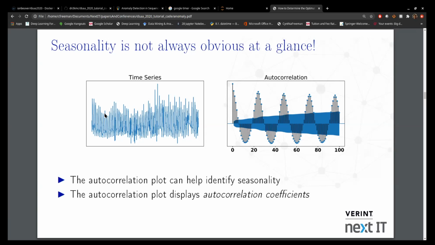That's possibly true, but it's actually highly recommended that we look at something called an autocorrelation plot. This plot displays the correlation for time series observations with its lags, which are observations from previous time steps. So a time series that exhibits seasonality will show a repetitive pattern in its autocorrelation plot, like on the right here.